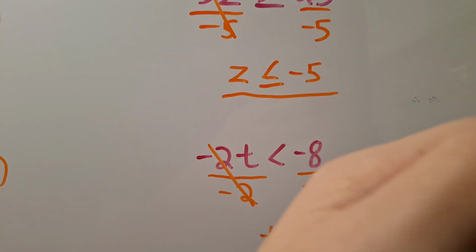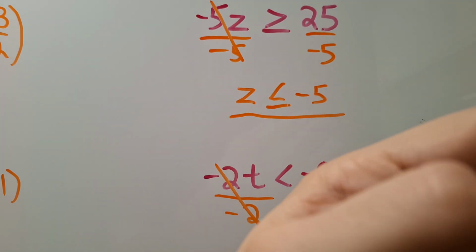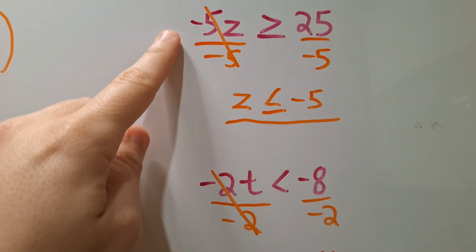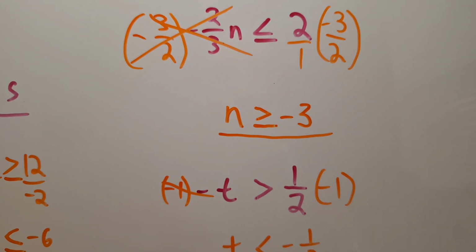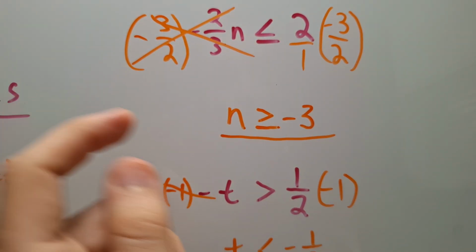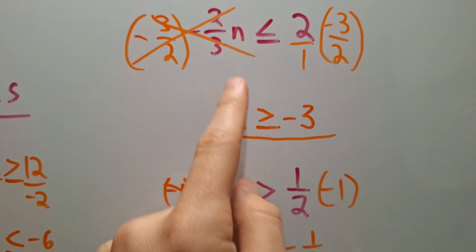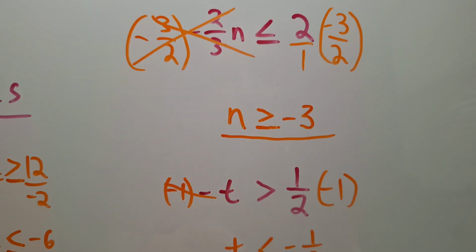So just remember, whenever you have inequalities with a negative coefficient for that final step, when you're multiplying or dividing and that's a negative number, switch the inequality symbol.